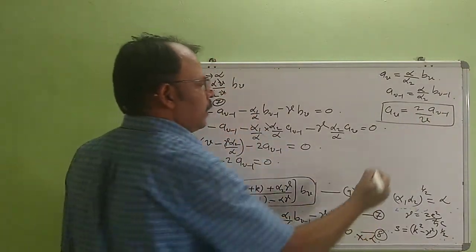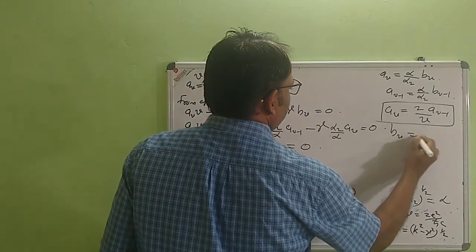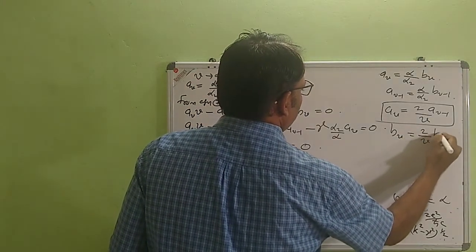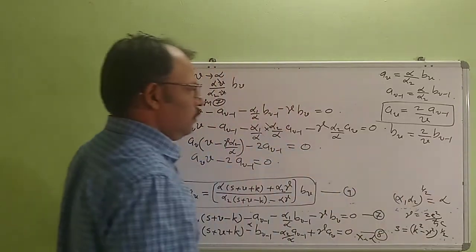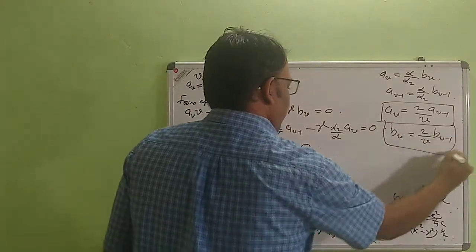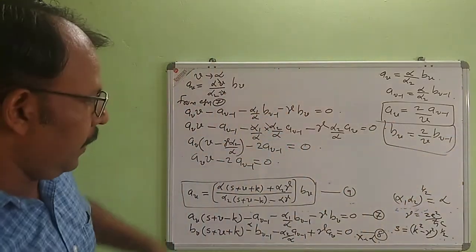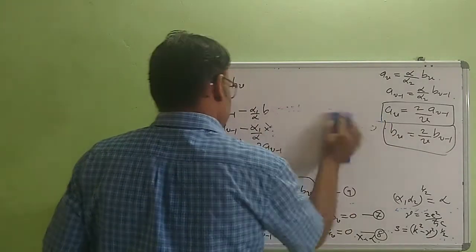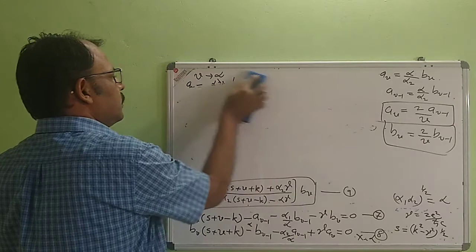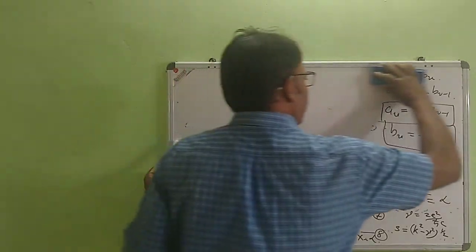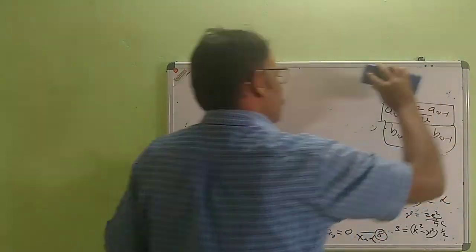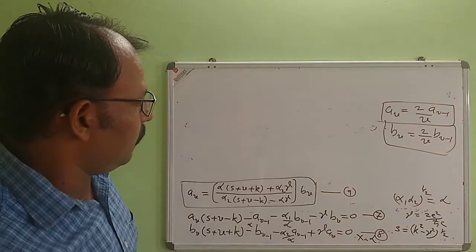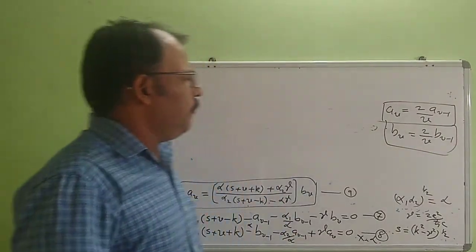In a similar way, we can obtain BV as 2 by V into BV minus 1. The coefficients AV and its previous value AV minus 1 are related by the equation AV equal to 2 by V AV minus 1 and BV equal to 2 by V BV minus 1.